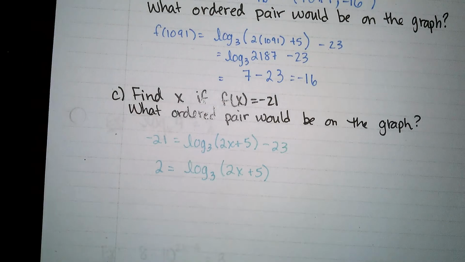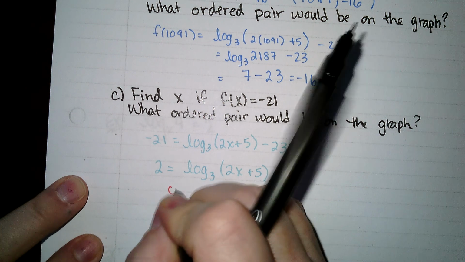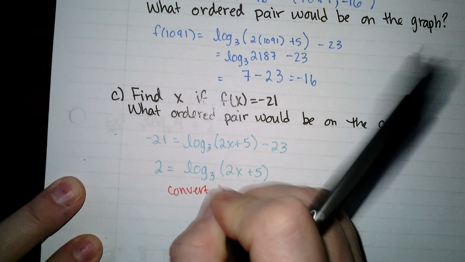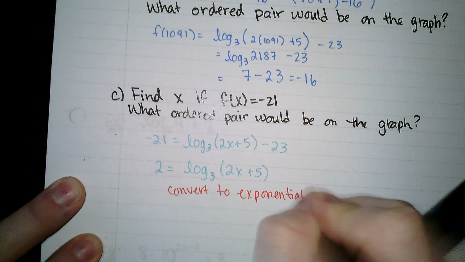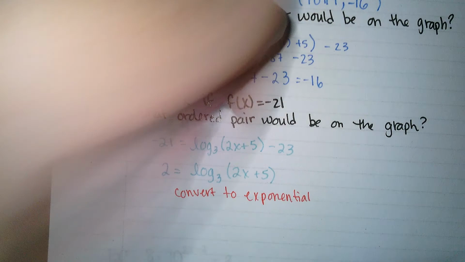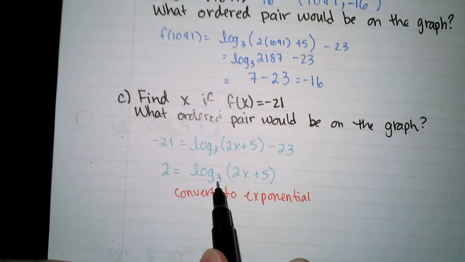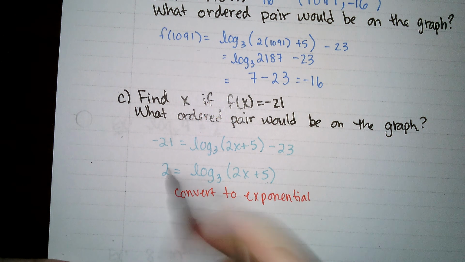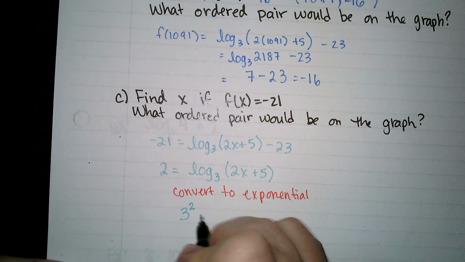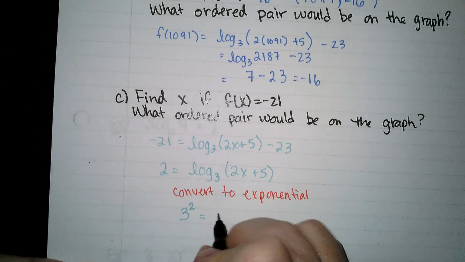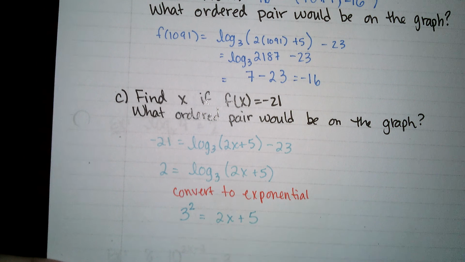Okay, I need to get this x out of the log relationship. So I'm going to break that relationship by converting it to exponential form, so I can break up the base 3 and the 2x plus 5. So then the base 3 is going to get into an exponential relationship with the 2, so 3 squared, and that's going to equal the argument of my logarithm, 2x plus 5.